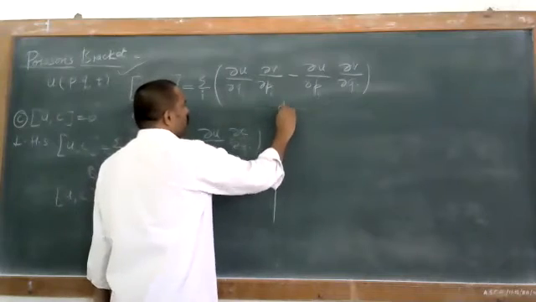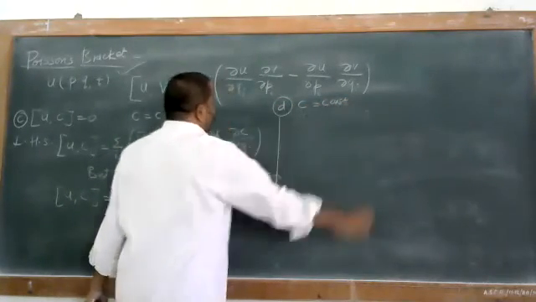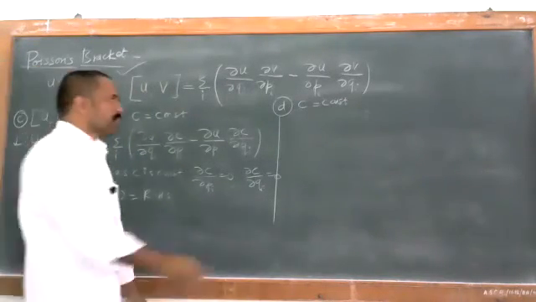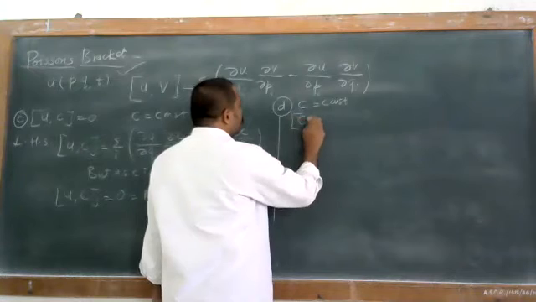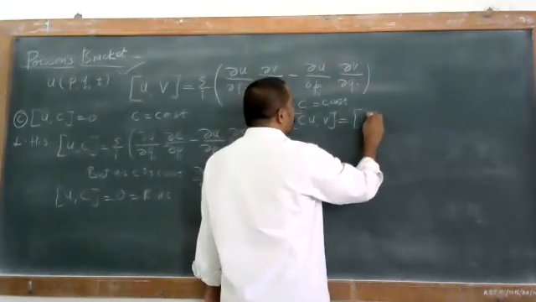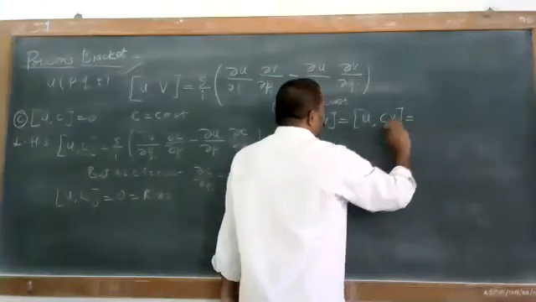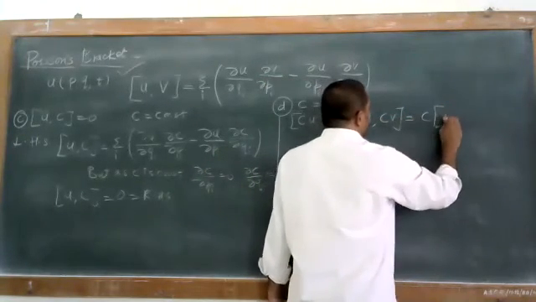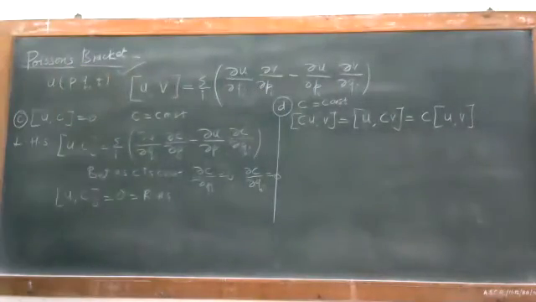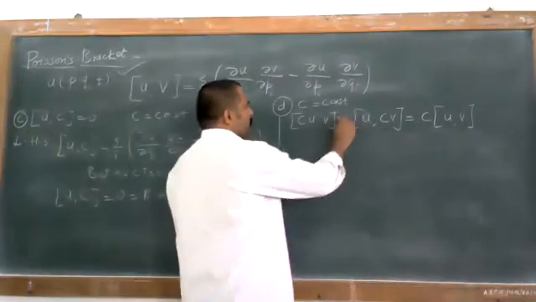Now we'll have a fourth one. If C is constant, they ask to show that the Poisson bracket of CU, V is equal to the Poisson bracket of U, CV is equal to C into the Poisson bracket of U, V. Simple one, I'll take it one by one.